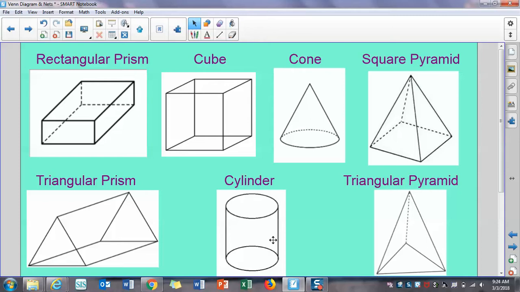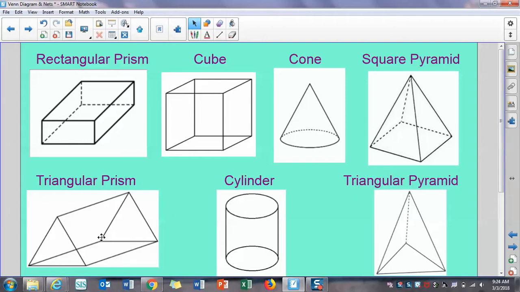Now, looking at cylinder, I have a circle on the top and bottom as bases. Again, like that soup can. And then a triangular prism would have triangular bases. So you can see the front and the back here, and then rectangular sides. So these are what the three-dimensional shapes would look like.